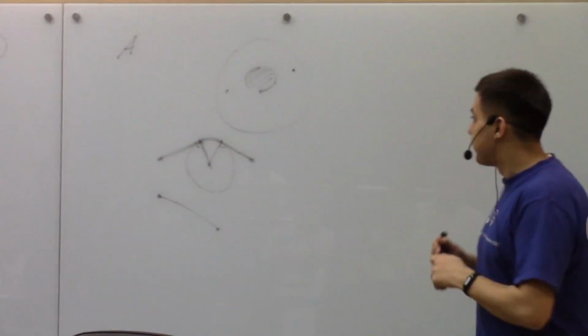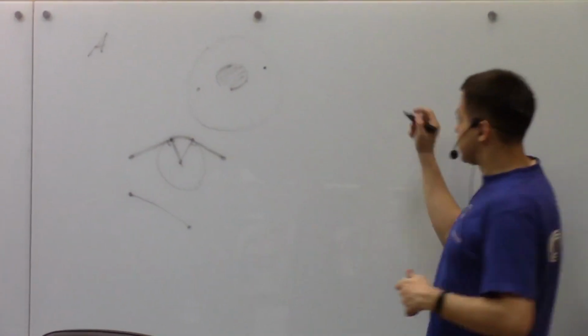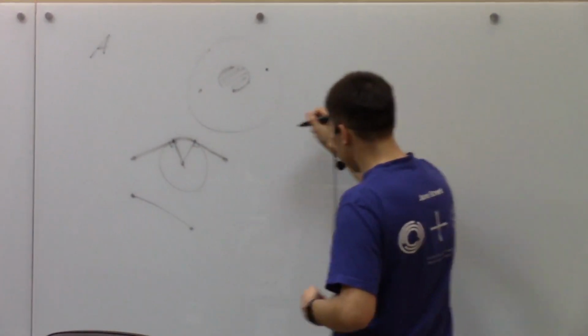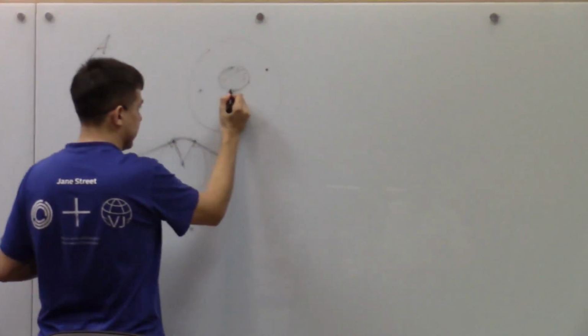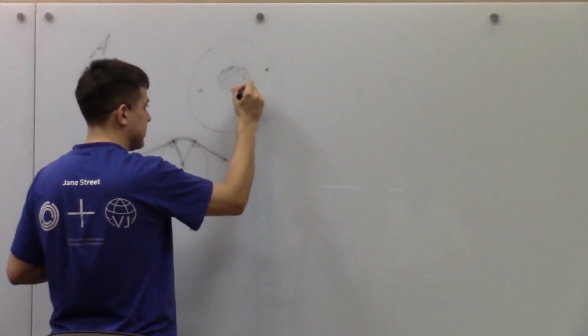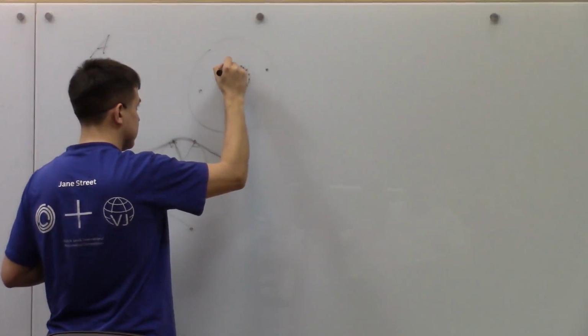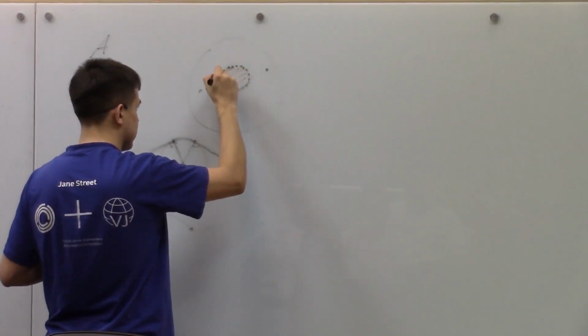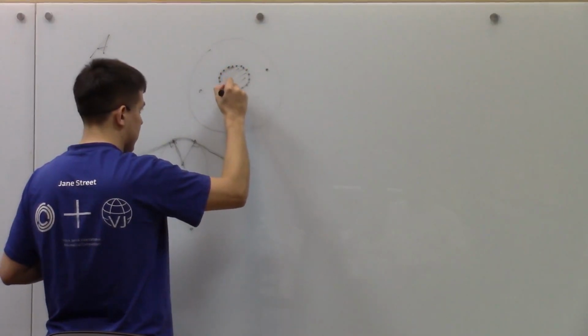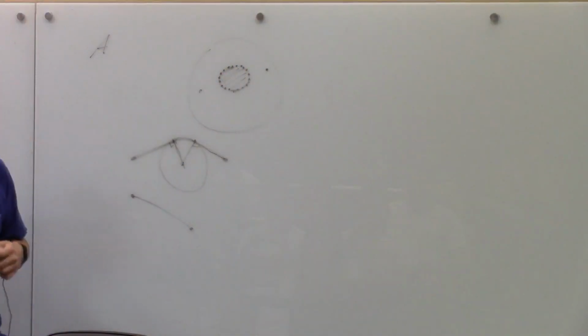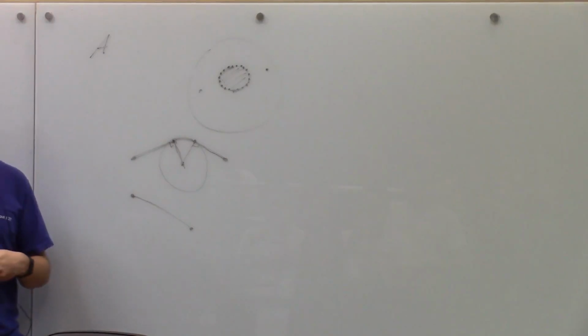Let's create a graph. Let's divide this circle into a lot of small points. And let's build a graph.